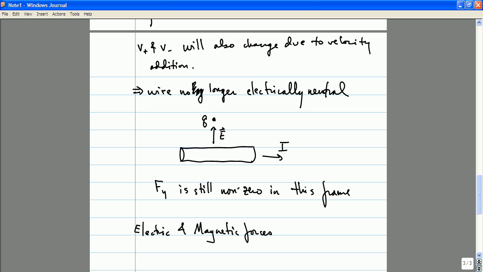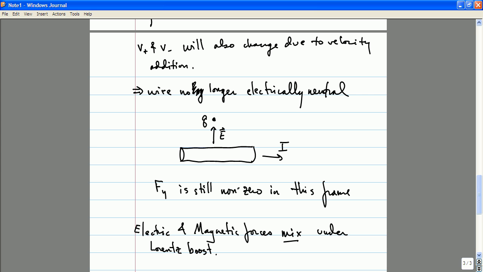So whether you call something an electric force or a magnetic force depends on what frame you're using to describe the setup. These forces mix under a Lorentz transformation, just as space and time mix under Lorentz transformations.